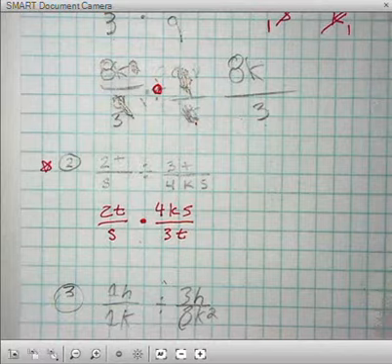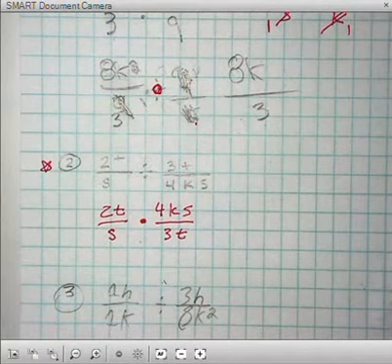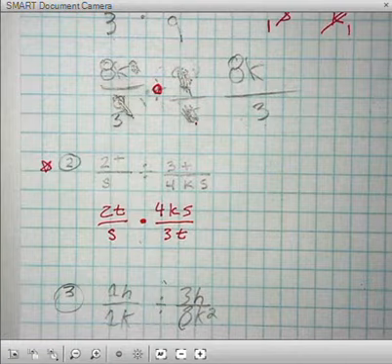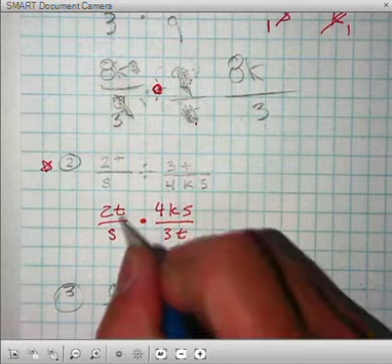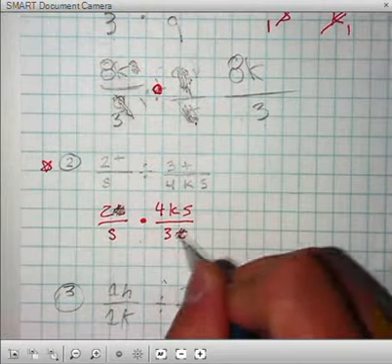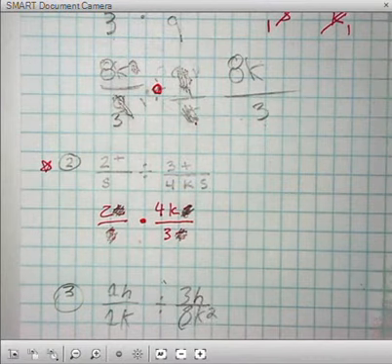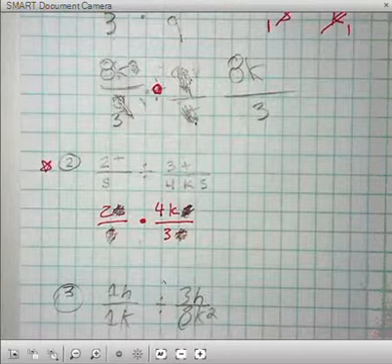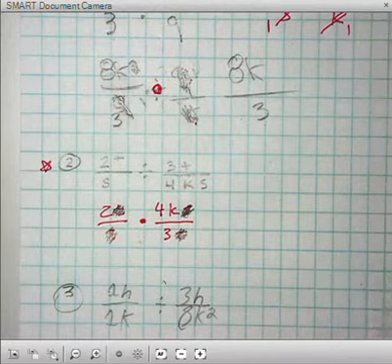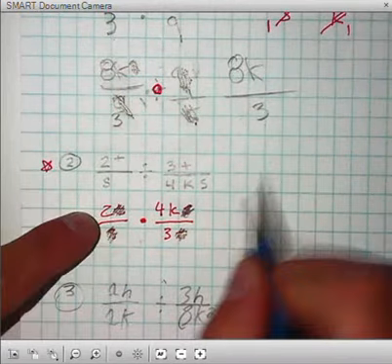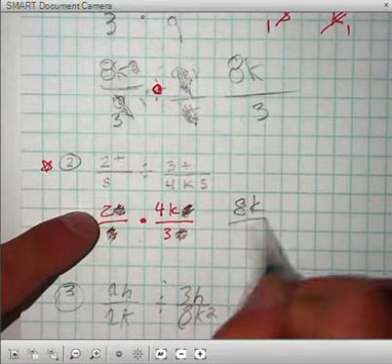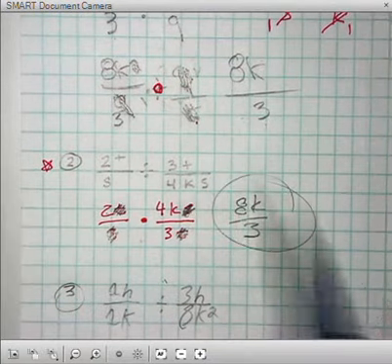What 2 things are we going to cancel? Tracy? The T and the S, so our T's will cancel. The S's. Well, someone said we could do the 4s and the 2. Can we do the 2 and the 4? No, because they're on the same level. Multiply 2 times 4 gives me 8k over 3. Did that work? Yeah. Awesome.